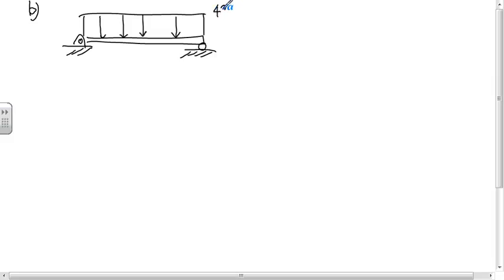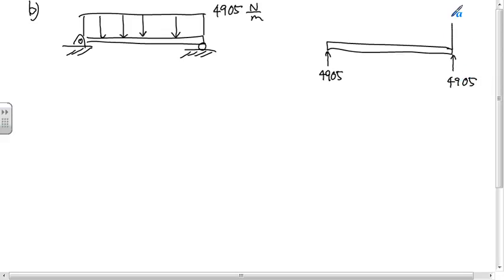The distributed load is 4905 newtons per meter. We know those reaction forces. We already calculated those. We have this one up at 4905, this one up at 4905, and then that distributed load.